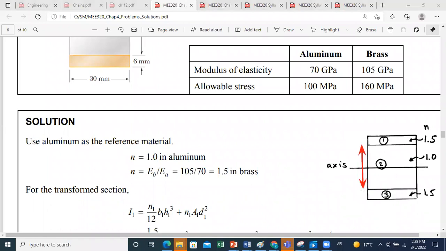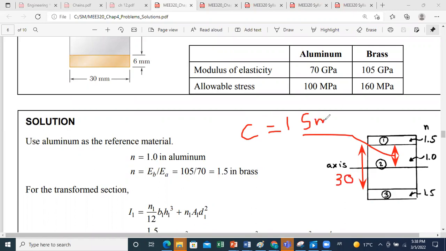Whenever you want to find the maximum stress, you should look at the largest distance from the neutral axis. For aluminum, the top and bottom are equidistant from the neutral axis, and then C is equal to 15, because the whole distance here is 30.